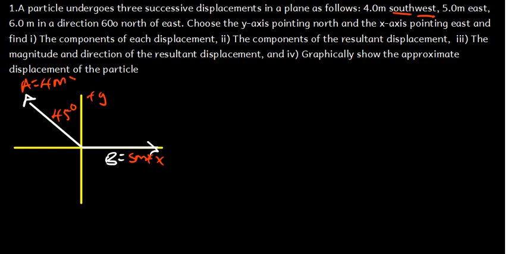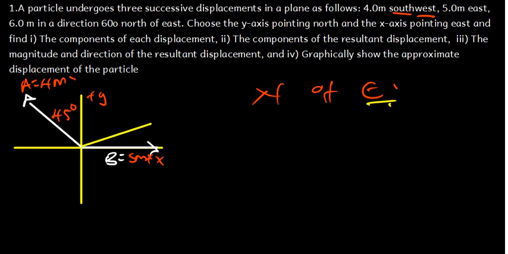Then we also have 6 meters in a direction of 60 degrees north of east. North of east, remember we talked about this. The angle is near east than north. Okay, so this 60 degrees is near east than north. That is what it means. So what we're going to do there is put our vector here.